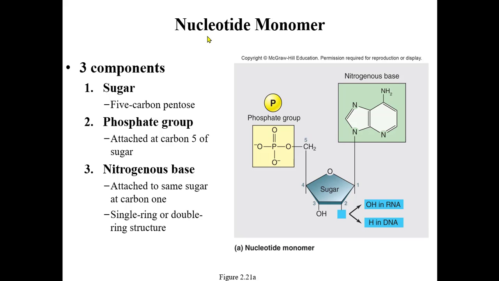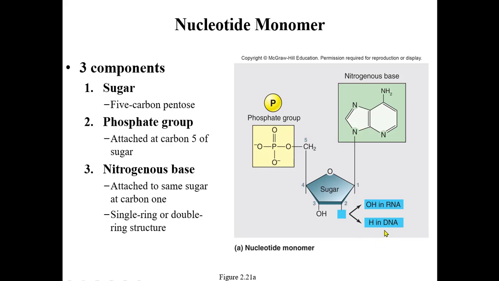When it comes to DNA, the 3 parts of a nucleotide are sugar, which is a 5-carbon pentose, phosphate group, and a nitrogenous base. So here's the phosphate group, there's the nitrogenous base, and then there is the pentose sugar.